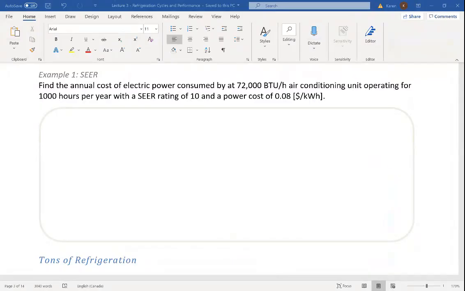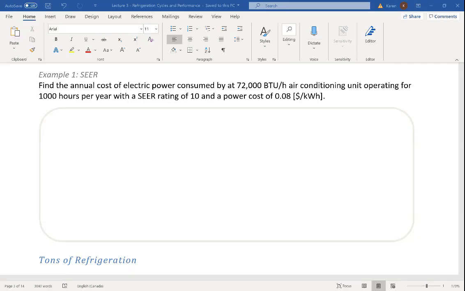But EER and SEER are more of a commonplace label that is put on the equipment and a way of judging whether a system is more efficient than others that you are comparing it to.